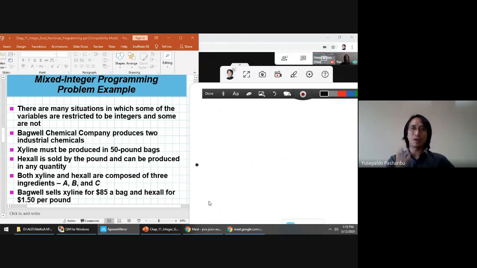The first one is the objective function, and also the constraint function. The constraint can be derived from the point that xylene and hexal are composed of 3 ingredients, A, B, and C.